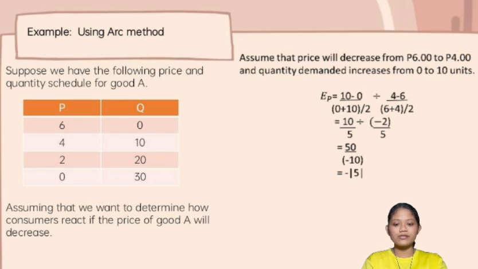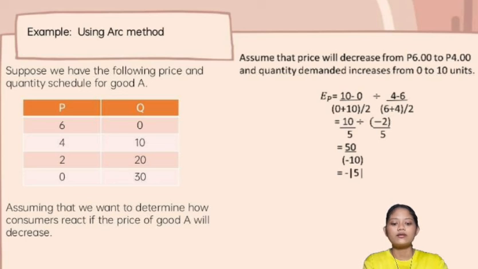Let's use the values according to the equation. So Q2 is 10 minus Q1, that is 0, over 0 plus 10 divided by 2, divided by P2, which is 4, minus P1, that is 6, over 6 plus 4 divided by 2.